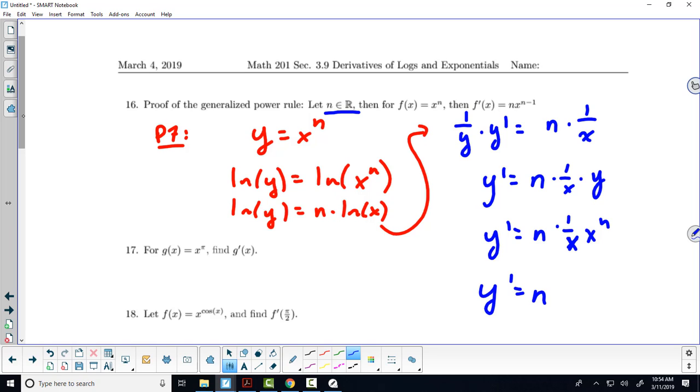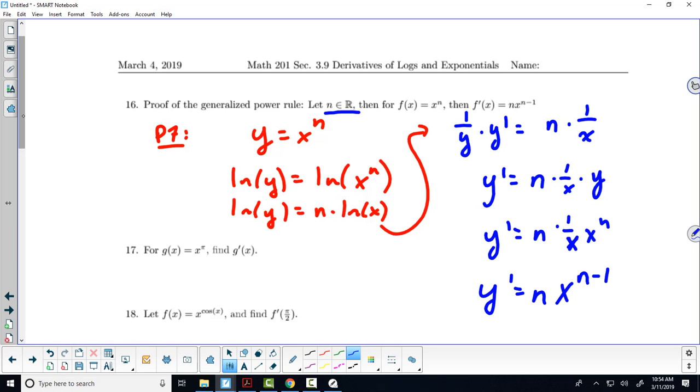Okay? What do I get when I multiply 1 over x times x? Talk in your groups. What do we get when we multiply 1 over x times x to the n? Because you don't know what x is, so you just keep the variable and subtract it. Right? When you divide by an x, that's the same thing as subtracting 1 from the exponent. Right?